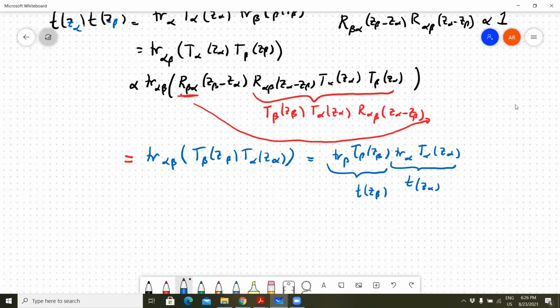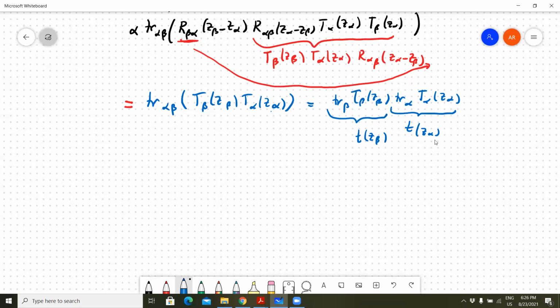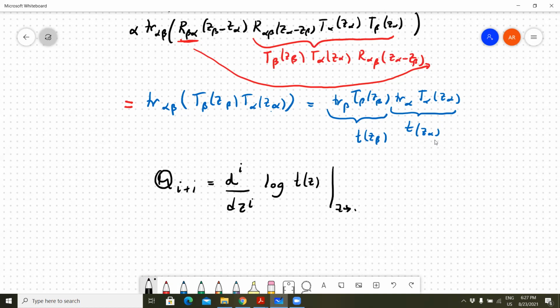I have 4 minutes, right? Okay, so the conserved charges will be just acting with these derivatives on the log of T of Z, and then sending Z to 0.